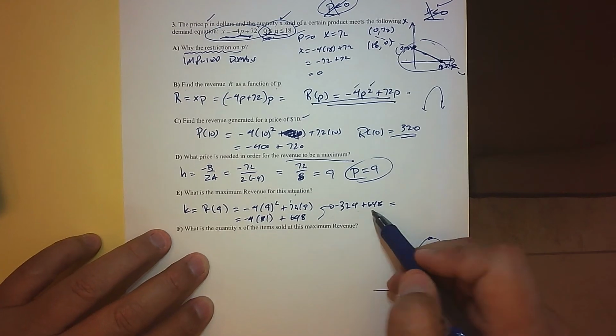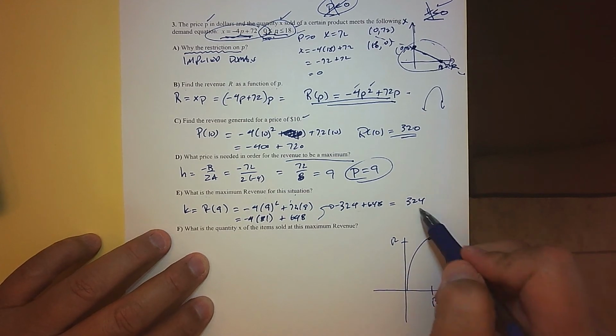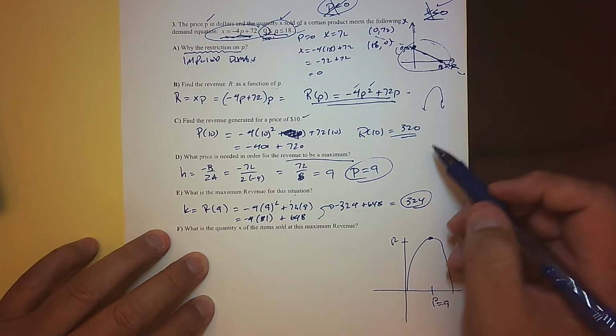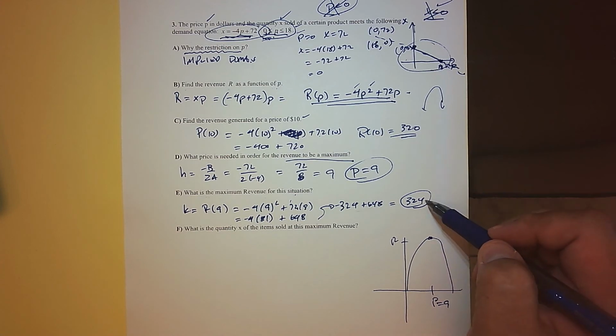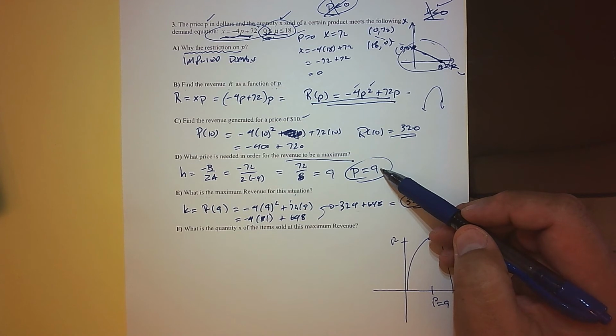If we subtract those, we end up getting 324. According to this model, the maximum amount of revenue that we get is 324, and it occurs at a price of 9.